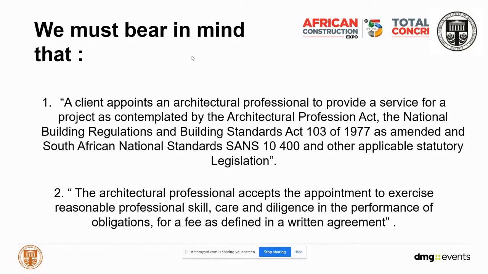This in turn attracts a fee. And so what we should know is that the type of service the client chooses should inform the type of appointment that is agreed upon.